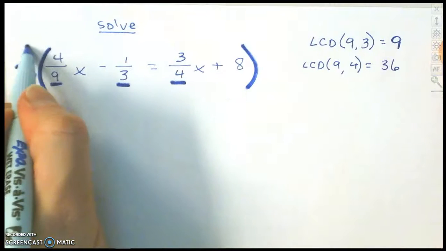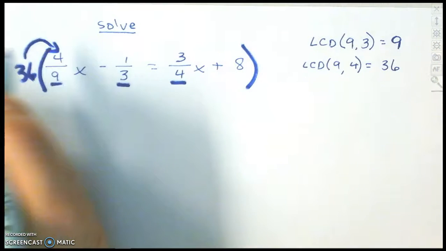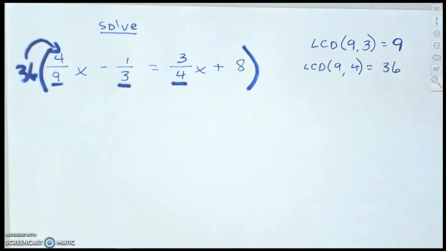We're going to start with our first fraction. When we clear these fractions out, what we do is we divide by the number down below in the denominator. We multiply then by the number on the top in the numerator. So divide by the number below, multiply by the number on top.